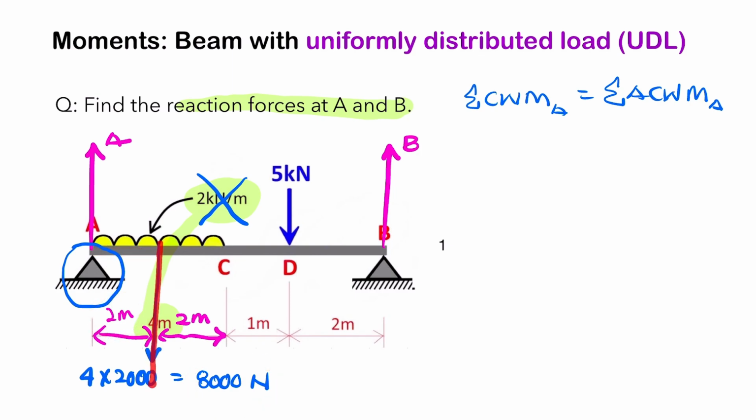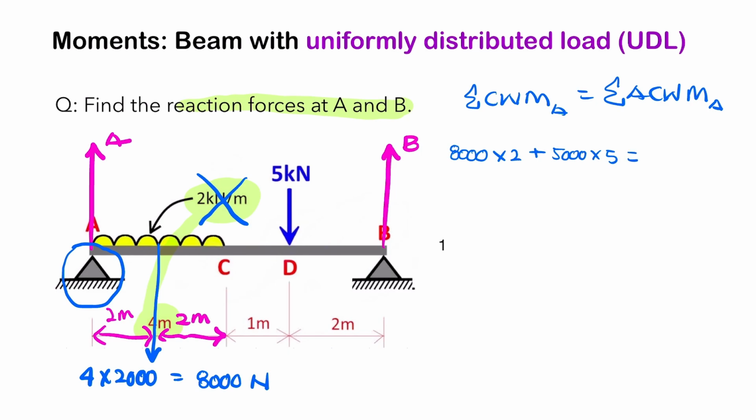It's the distance between the force and the support. So we have 8,000 times 2. And we also have the 5,000, that's the kilonewton, multiplied by this distance, which looks like it's 2 plus 2 plus 1, 5. So it's 5,000 times 5.